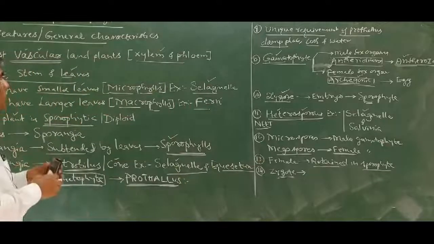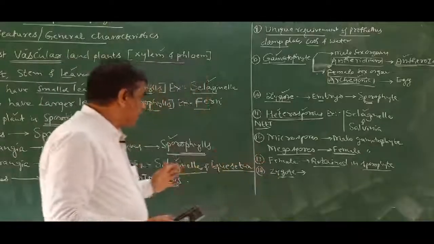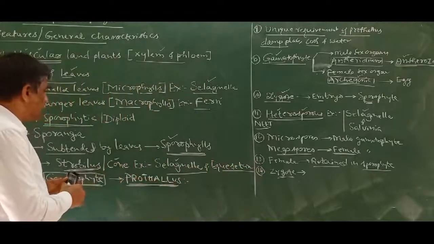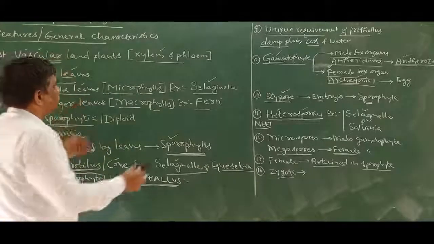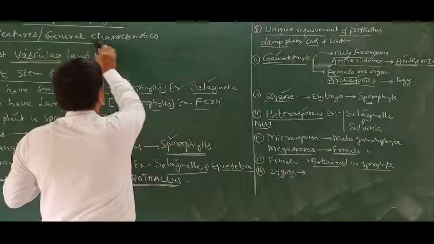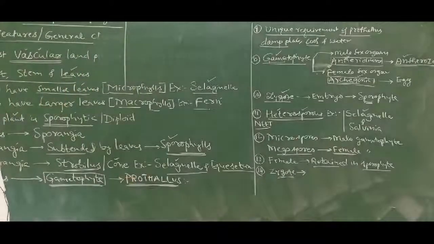So these are all various general characteristics or salient features of pteridophytes. And one more thing you have to understand is the classification of pteridophytes. Pteridophytes can be divided into different classes.